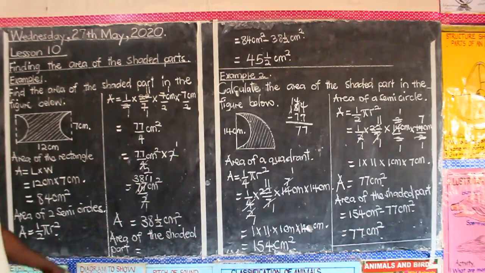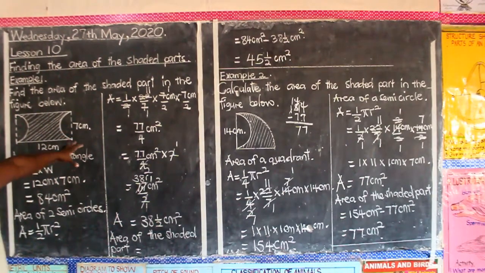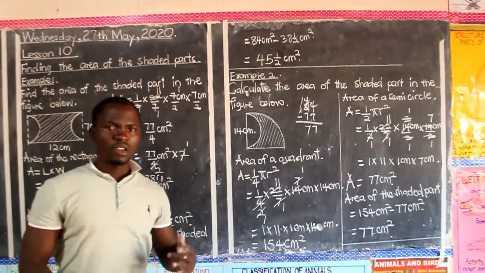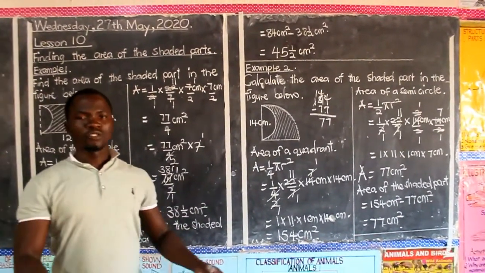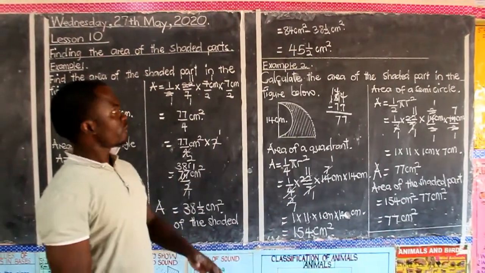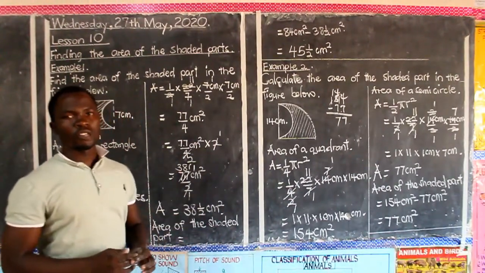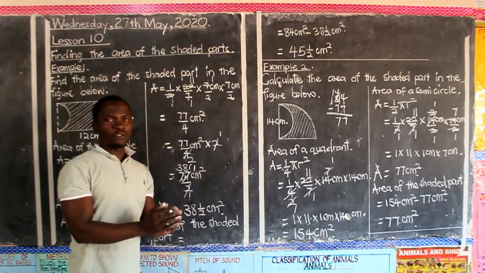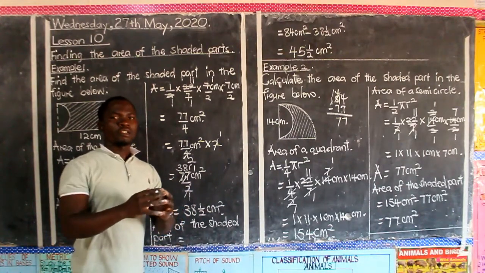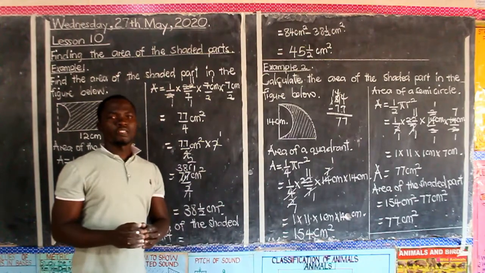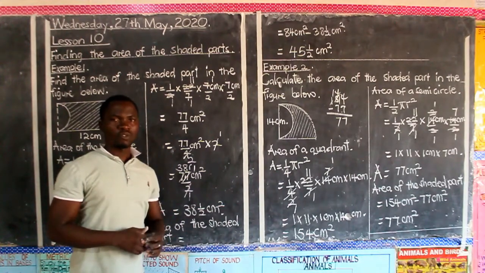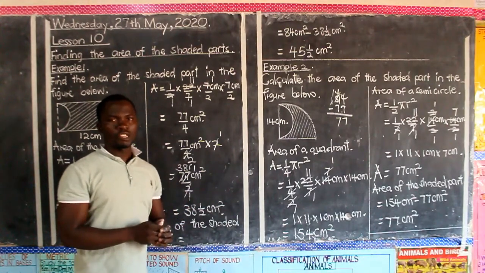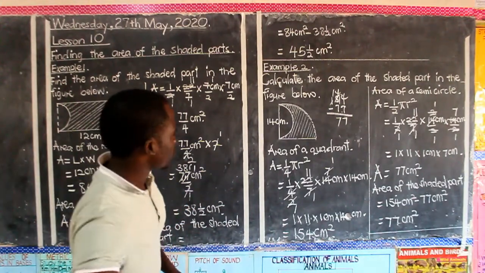With that class, I want to give you an activity and you try. But this work is so simple in that for you to get the area of the shaded part, get the area of the outer figure, and then you get the area of the inner figure, and then you subtract. And what do you subtract? The area of the outer figure minus the area of the inner figure.